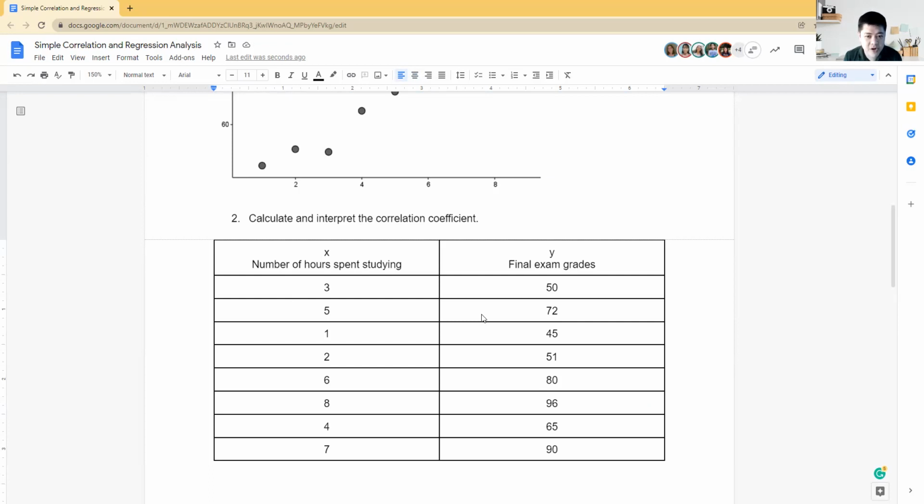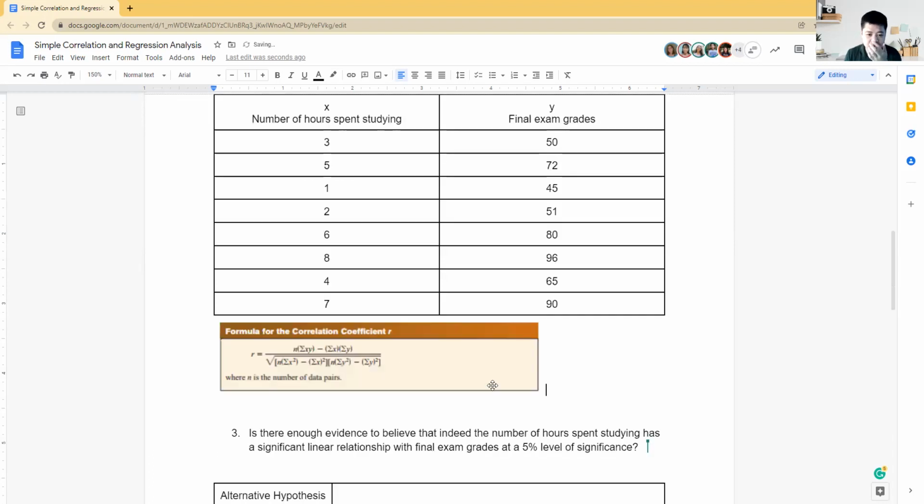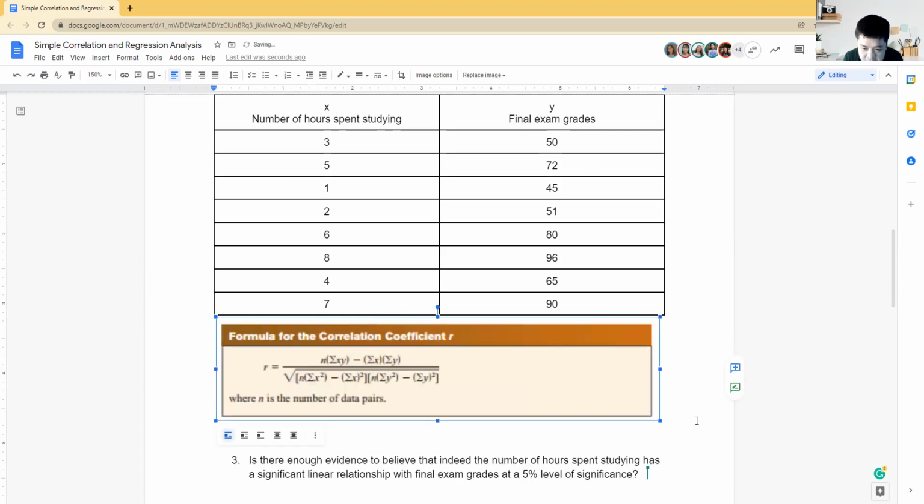Let me get the formula for the correlation coefficient R. I'm going to screenshot an ebook. So this is the formula. Maliwanag ba yung formula?